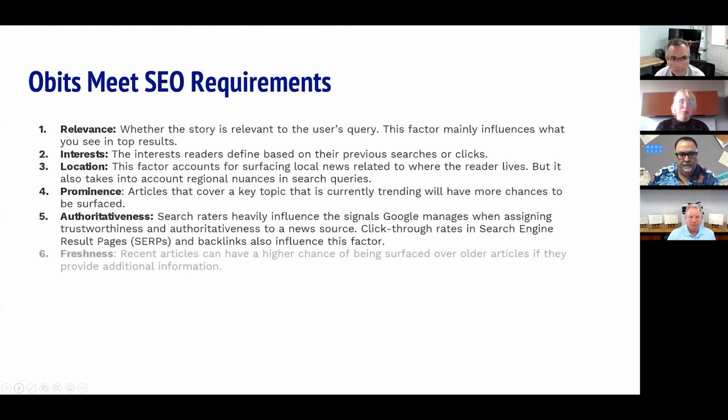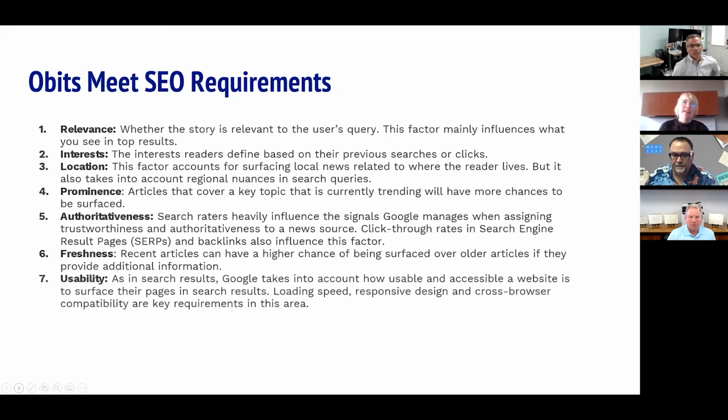Number 6, freshness: how often the site's been updated. So if you use any type of ordering platform, you want to make sure that it's updated regularly. Sometimes with our system, we use an RSS feed into whatever the CMS system is, but that of course depends on your CMS system.